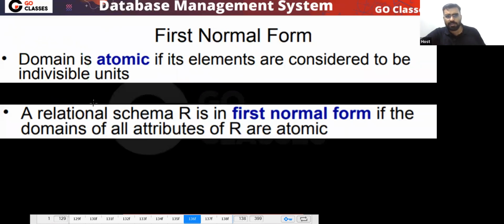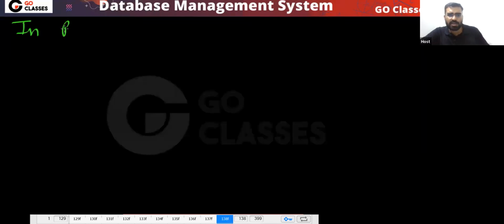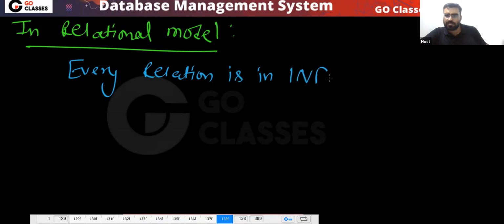So this is called first normal form. Now you can notice that in the relational model, every relation is in 1NF, because in the relational model, the domain of every attribute is atomic.